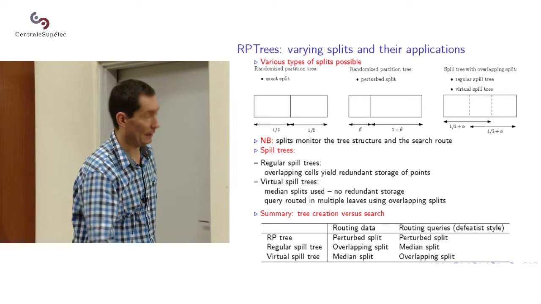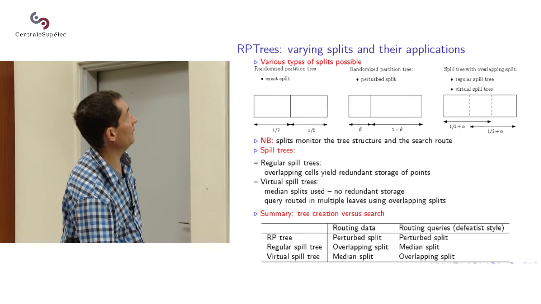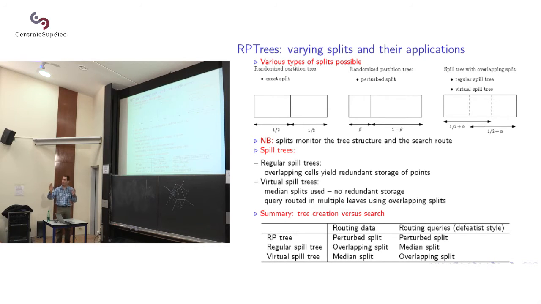So again, if I'm splitting exactly at the median on the random direction U, I'm defining a randomized partition tree, right? And here, this is with an exact split. If I'm splitting on the direction U at a number beta between, let's say, 1/4 and 3/4, I'm defining a randomized partition tree with a perturbed split, okay?